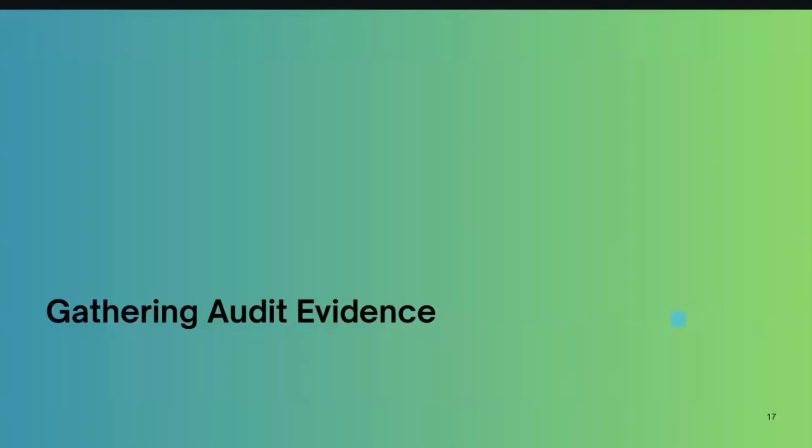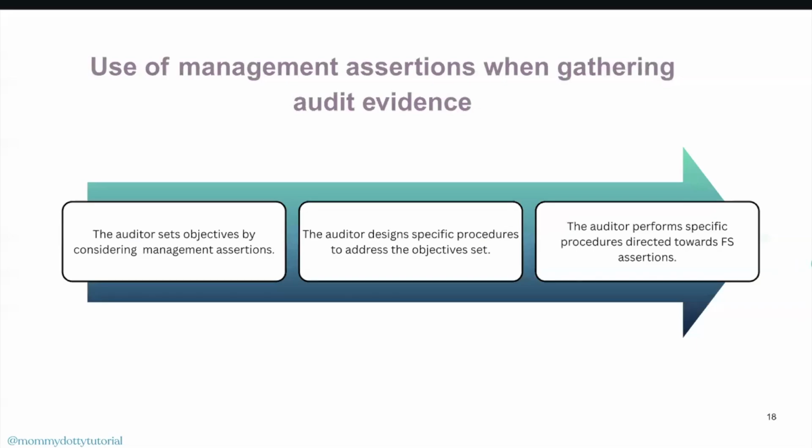Now let's go to gathering audit evidence. Okay. Management is responsible for the fair presentation of financial statements that reflect the nature and operations of the entity. All right, remember, it is the management who is responsible for the fair presentation of financial statements.